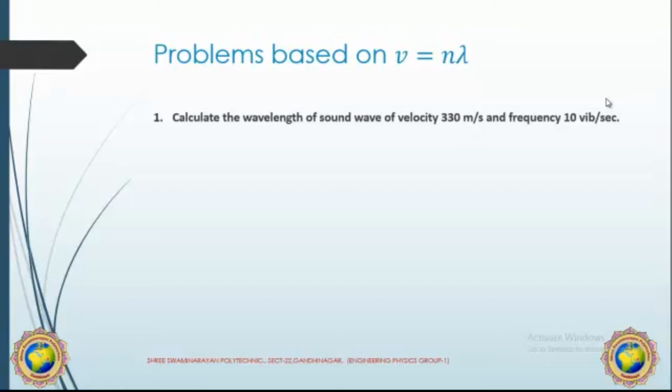So the solution is, velocity is given, 330 meter per second, frequency is given, n is equal to 10 vibrations per second. We put the equation lambda is equal to v by n. Put the value of v, 330 divided by 10, therefore lambda is equal to 33 meter.